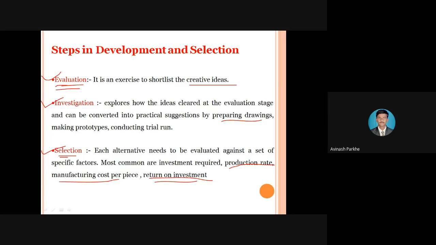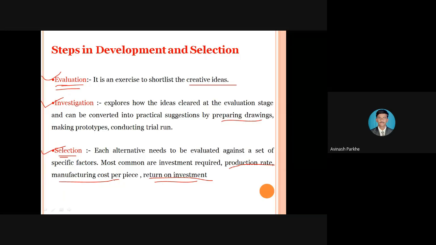That means out of idea number 1 and idea number 2, I can select the first one for further manufacturing. Therefore, the first step is called evaluation, in which we shortlist all the ideas. In the second step, investigation, whatever ideas we have selected, we conduct a number of tests, prepare the drawings, and prepare the models.